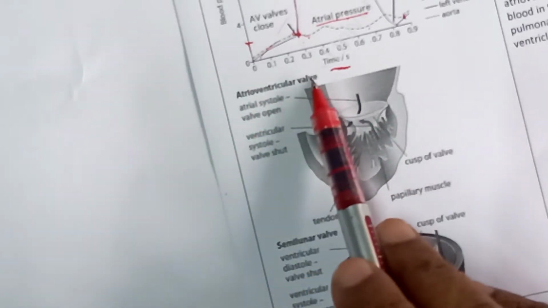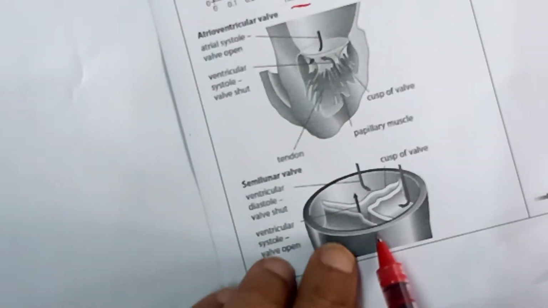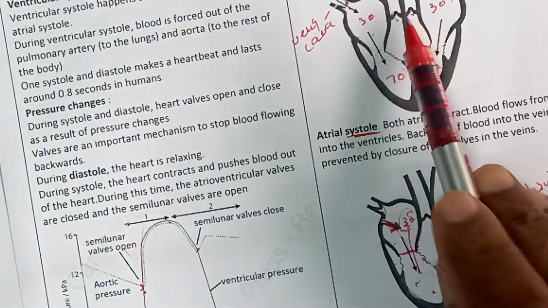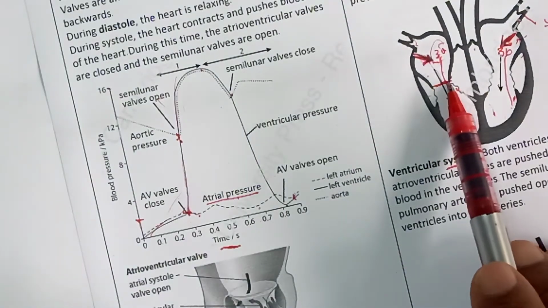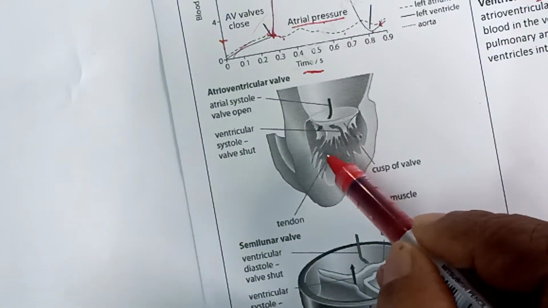This is a diagram to show the atrioventricular valve, and this is the semilunar valve. This is found here, semilunar valve, and this is found here, atrioventricular valve. Can you see here?